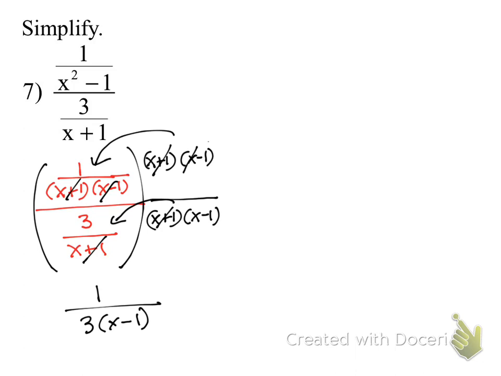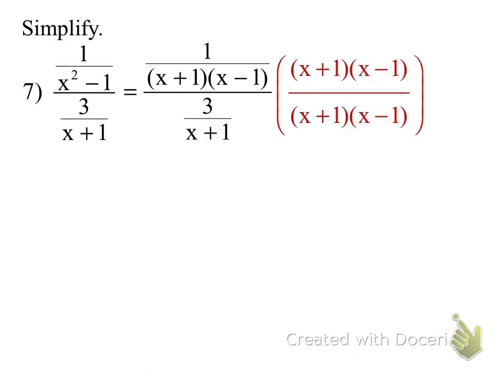Questions? Okay, next one. Yep. The last one is 1 over 3x minus 1. Why wouldn't you do 1 over 3x minus 3? Oh, never mind. Okay, I mean, I like it factored like this. Okay, I think we have a couple more.